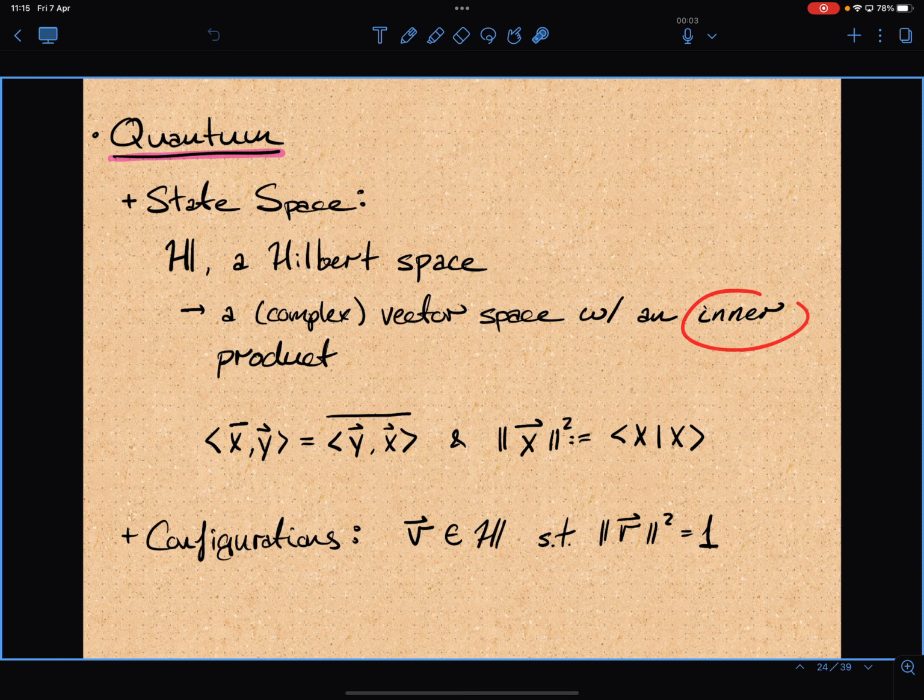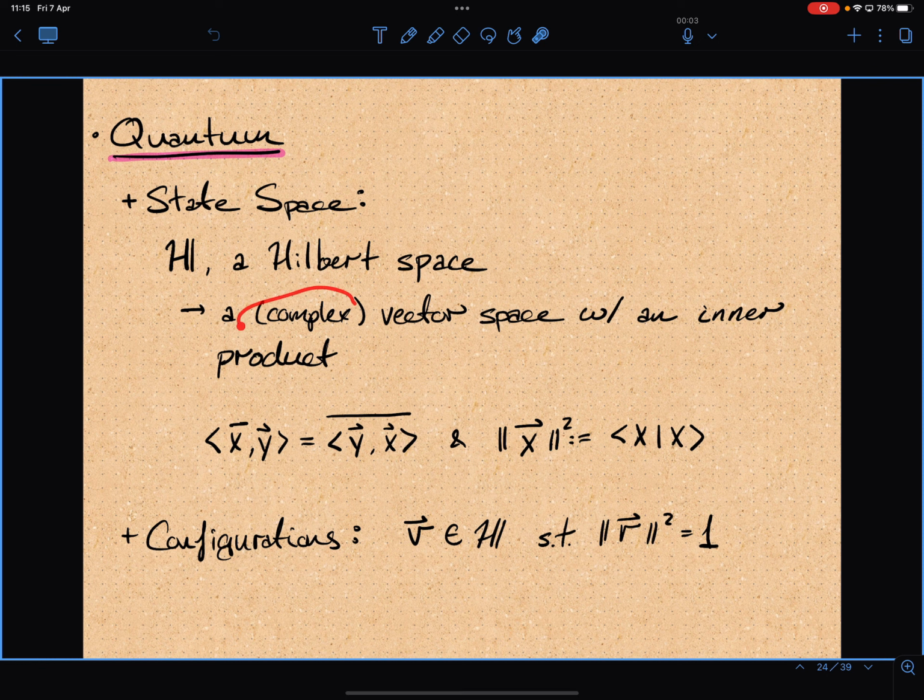Here we have this inner product that comes with the Hilbert space. In here I denote the dot product of two vectors by this notation, and then if I flip the entries of the inner product, I get the complex conjugate of that dot product.